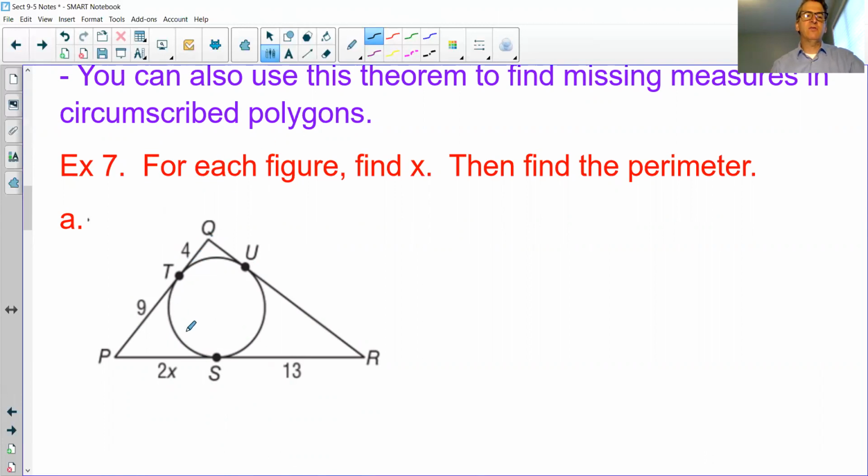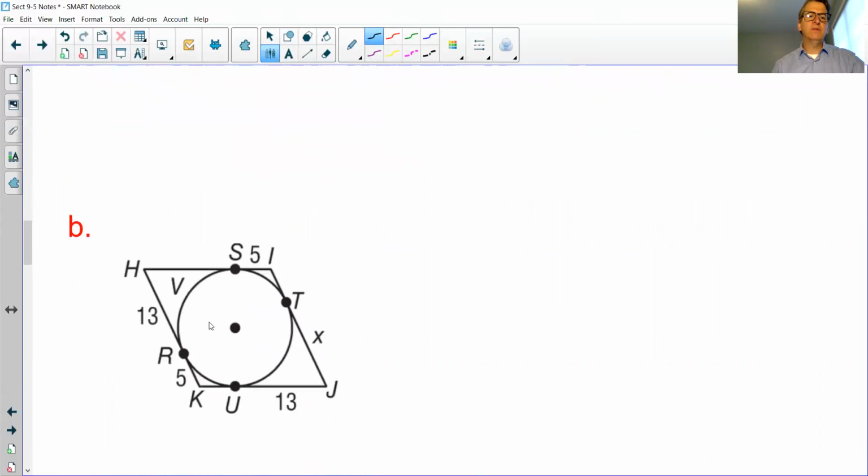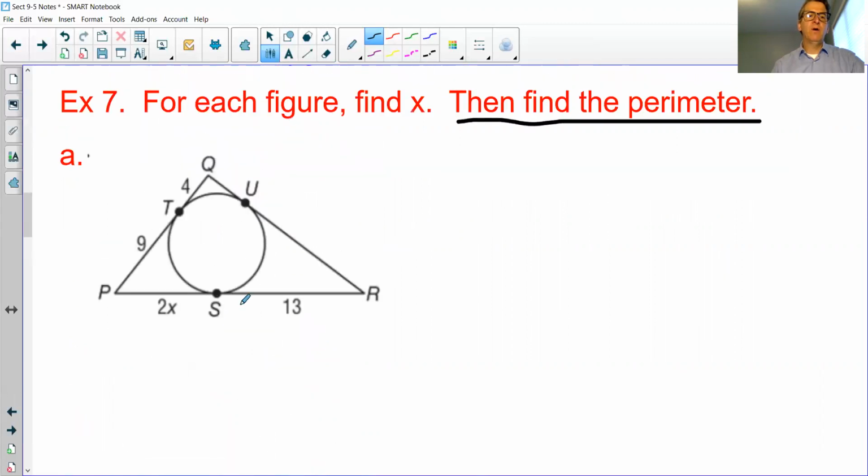It's inside this triangle here. So what you can do is find the perimeter. They're asking you to find the perimeter all the way around. So you'll have a few problems like that. What you can do is just fill in the blanks. So if you know that this is 4, this is 4. And if this is 13, this is 13.